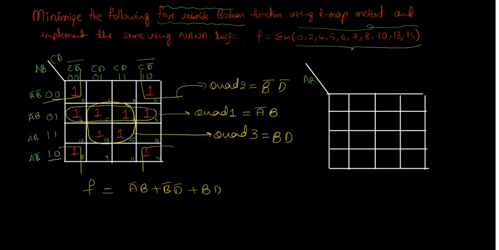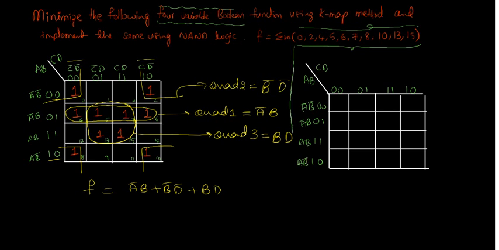This one is the same: AB, CD, 0 0, 0 1, 1 1, 1 0 for the rows, and 0 0, 0 1, 1 1, 1 0 for the columns. This is a unit distance code, gray code, right? A bar B bar, A bar B, AB and AB bar.